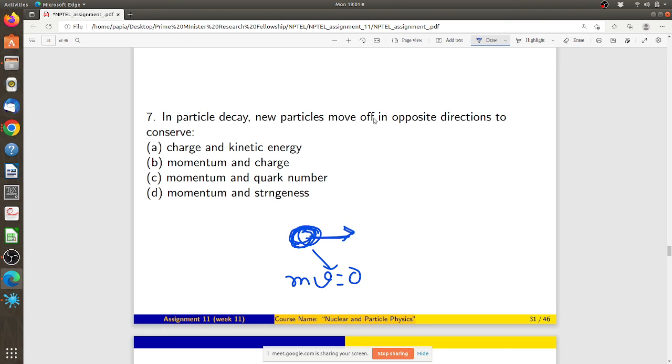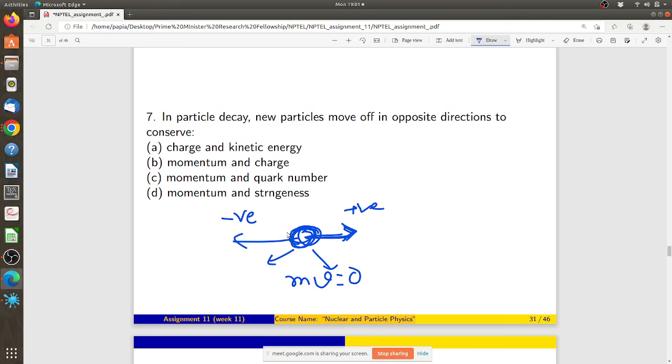So if one particle is created in one direction, the other particle should be in the opposite direction, so that v will be plus half here and minus half there, and as a whole the v will be 0. Before the decay, the velocity was 0 as it was at rest. After the decay, it should be 0 as a whole. So one condition is that the momentum will be in the opposite direction.